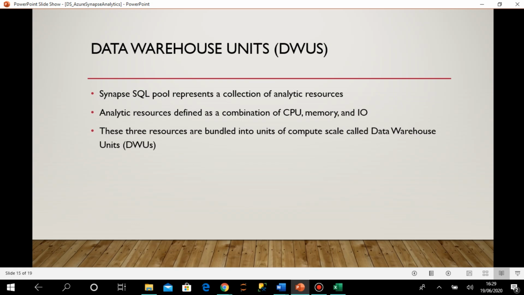When we create Synapse Analytics, we'll create one resource in the Azure portal, and then we'll see that we can decide on different DWUs. We have to decide based on our requirement only, because as you go for a higher configuration, the cost also increases.